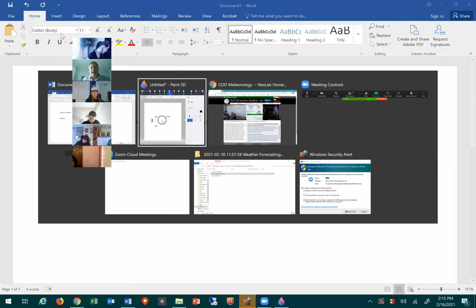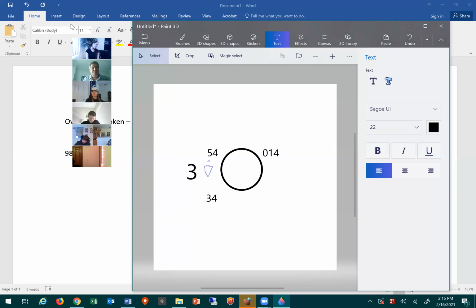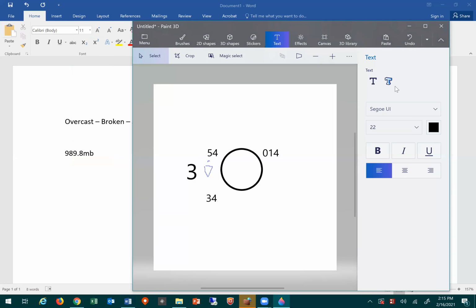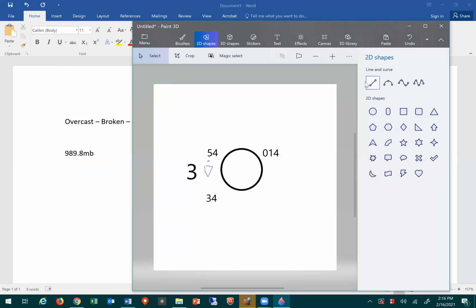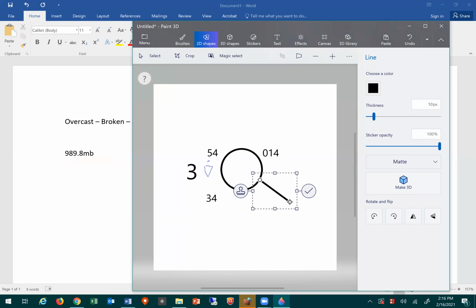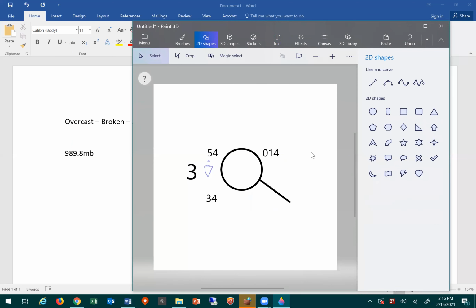All right. So any questions on the pressure? On doing that. Okay. The next thing is when I draw lines like this. And that is telling me the wind direction. Now write this down, folks.